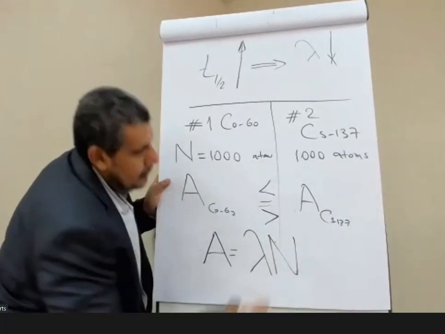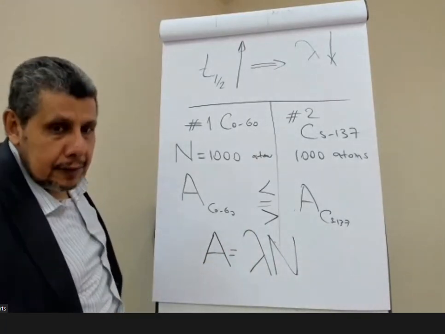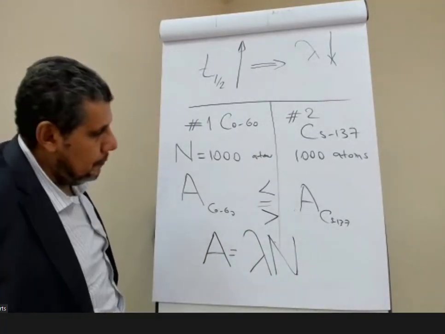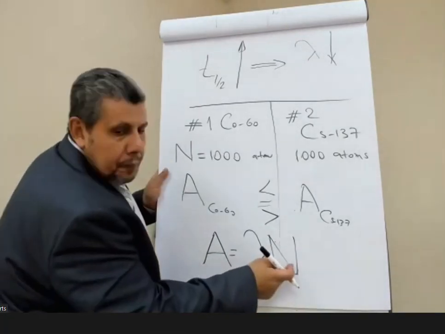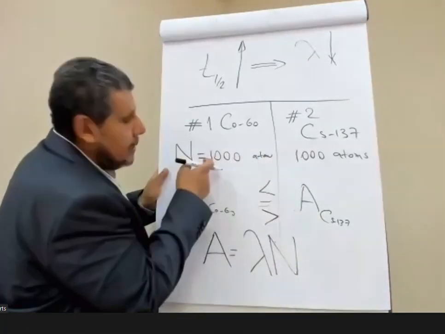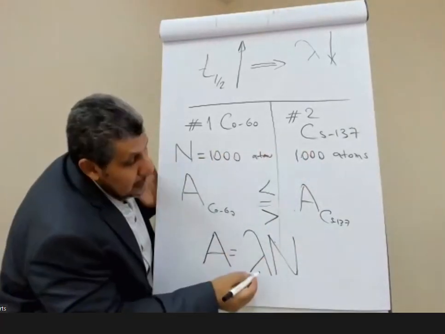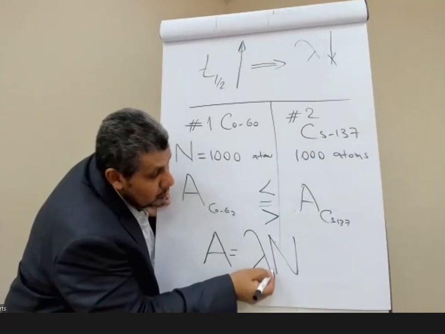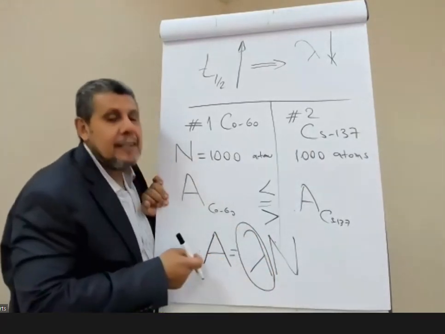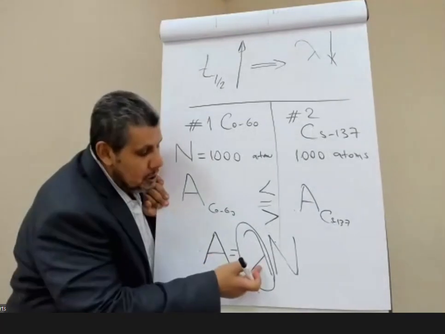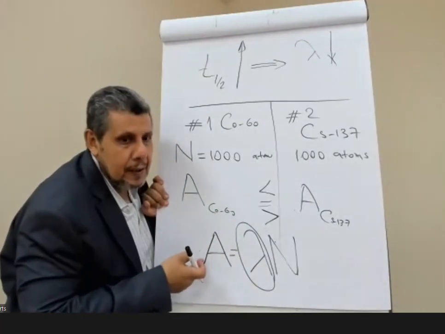Right. Now, what is the number of atoms? 1,000, the same. So the source with higher lambda has higher activity, and the source with lower lambda has lower activity.